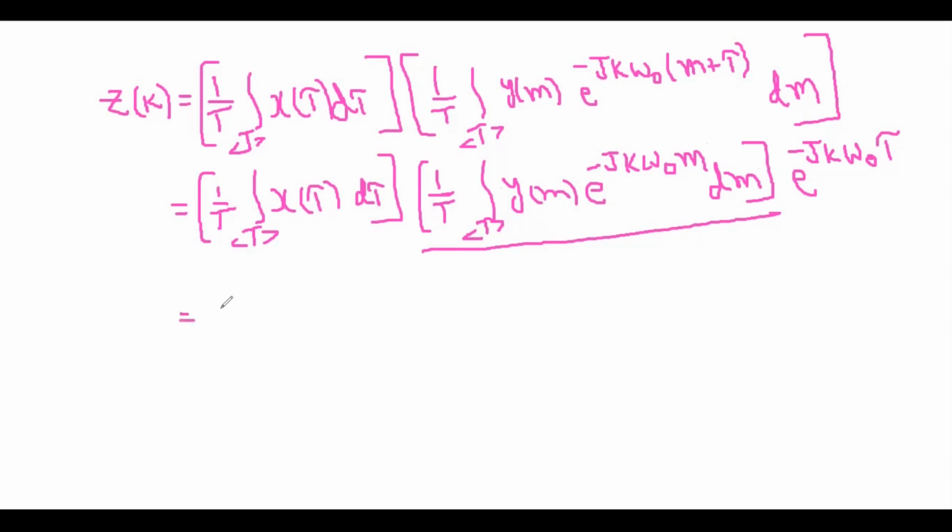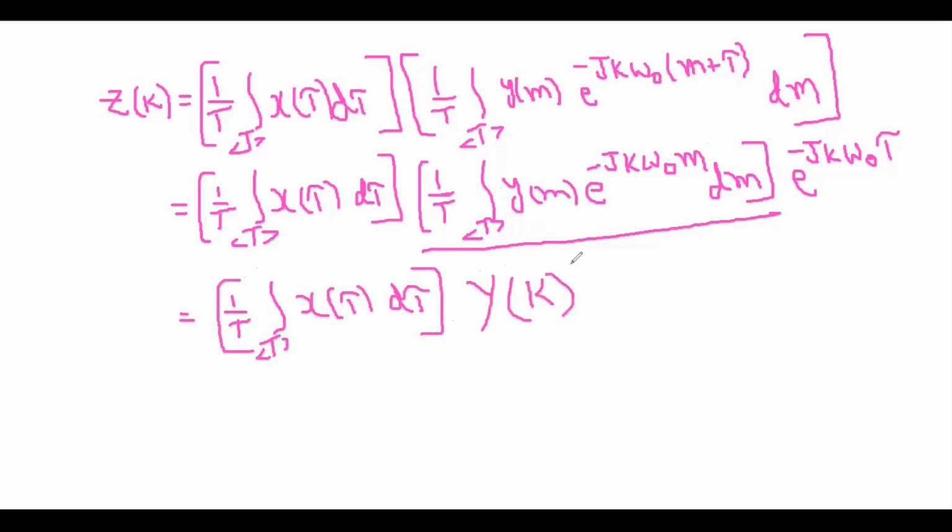So you can write it as y of k. 1 by T, integral over T, x of tau d tau as one function, and this whole function will be y of k as a Fourier series formula only, into e power minus jk omega naught tau.